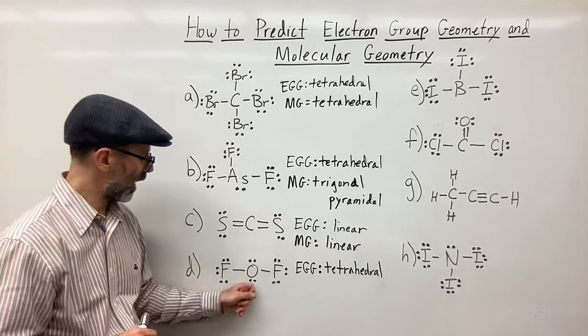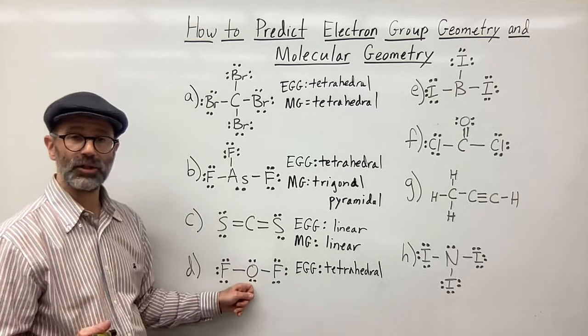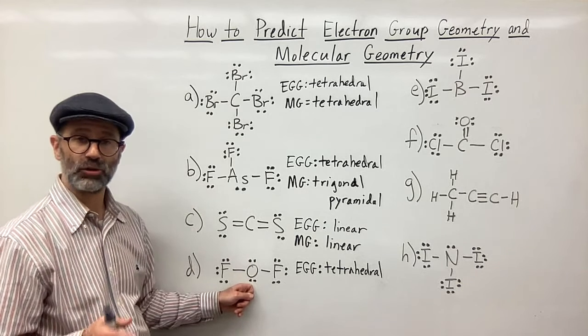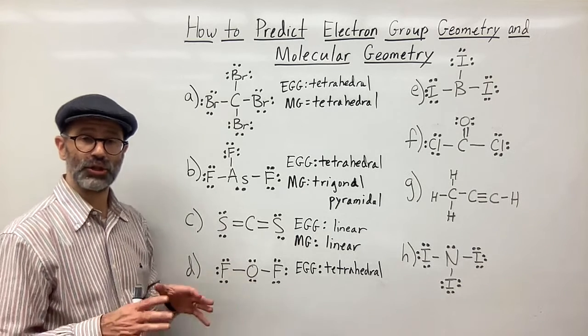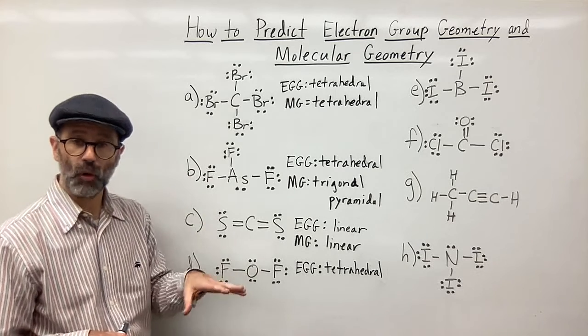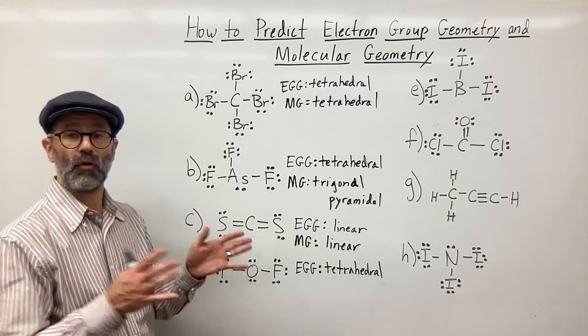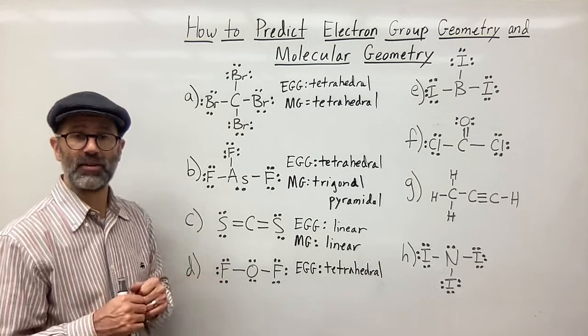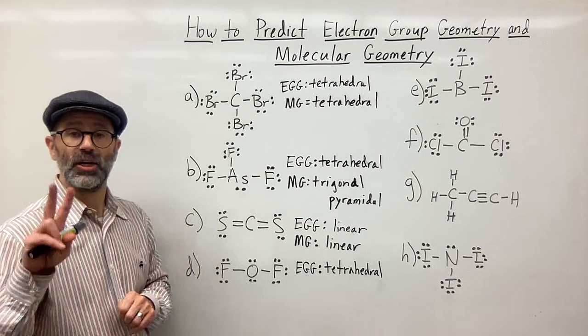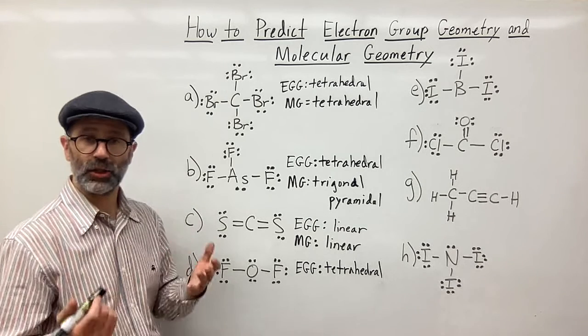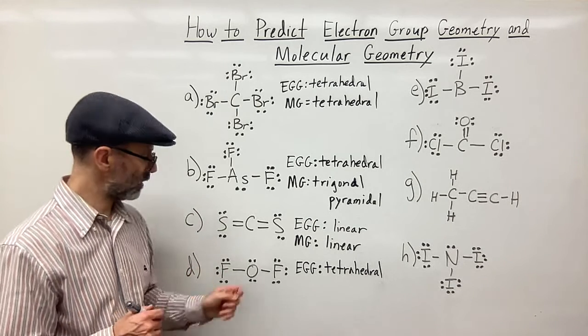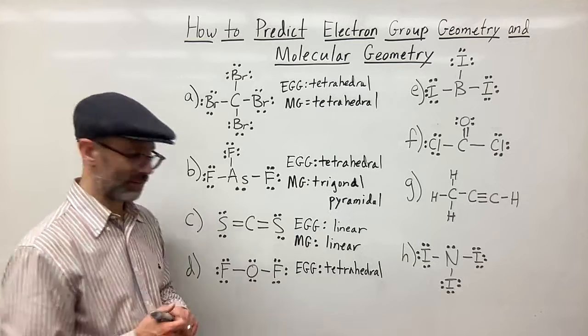Now, because we've got lone pairs here, the molecular geometry is not going to be identical to the electron group geometry. So when you look on your table, you're going to go to the total number of groups of 4, and then you're going to go over and find the space that says 2 bonding groups, 2 lone pairs, and it should tell you that the molecular geometry of this central atom is bent.